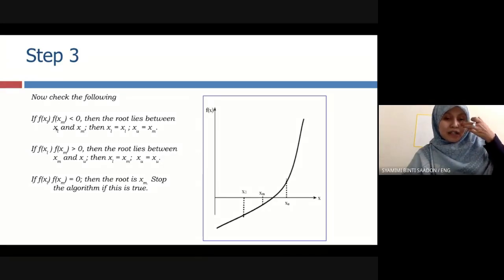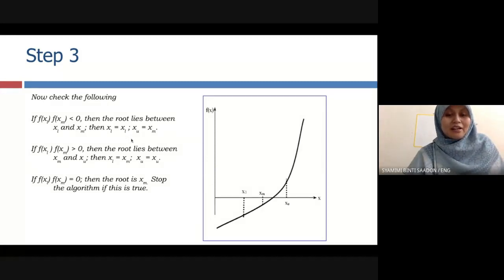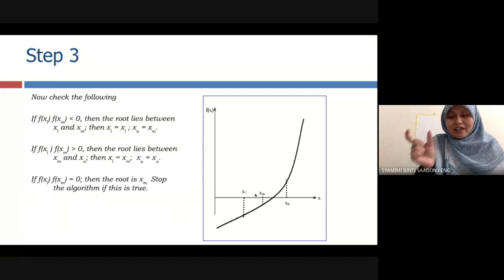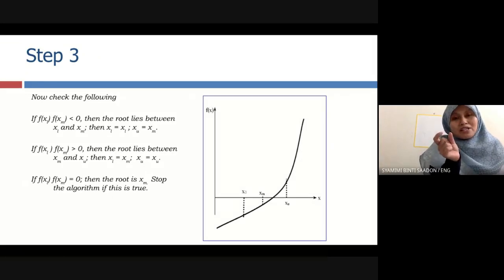So if this condition is correct, then XL will be maintained as XL, but the upper limit will become XM. So now the interval will become smaller. We will converge slowly to the solution that we are searching for.